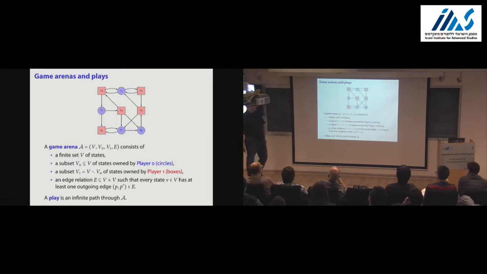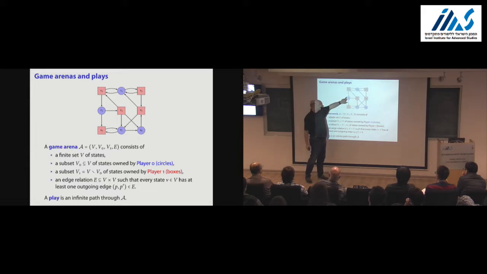So we're talking about a finite game arena. This is a finite set of states, and a subset of the states are owned by player 0. A subset is owned by player 1. I'll indicate that with circles for player 0, which usually is us, right? And with boxes for player 1, the opponent.